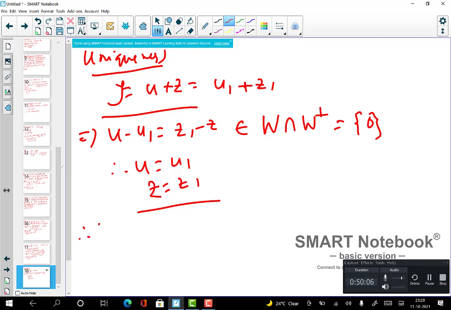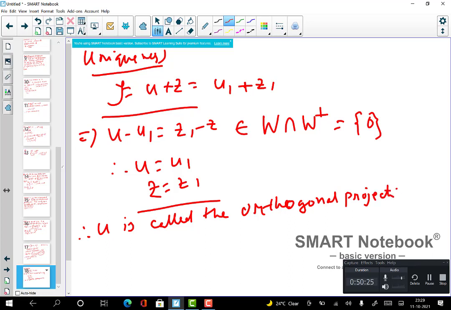This u is called the orthogonal projection of y on that subspace W. Okay, orthogonal projection.